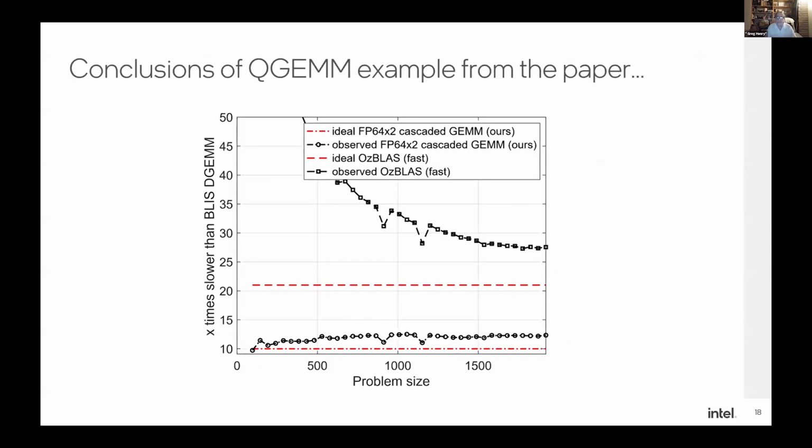All right. So the conclusions for QGEMM from the paper that we have that's still pending: the best known method is Ozaki, I think sometimes called OzBLAS, and we're twice as fast as them. So these are very good results, and I'm quite proud of them.